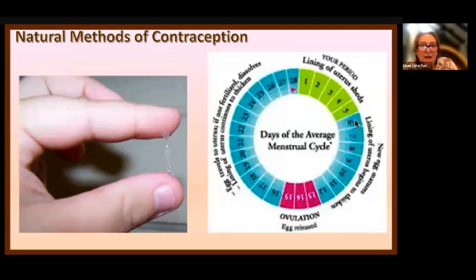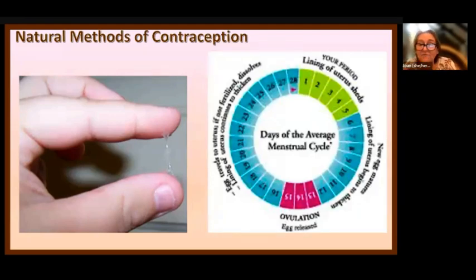So if you have your period, days 1 to 5, and then, if you're regular, days 6 to 12 are safe. But then days 13, 14, 15 is when you're ovulating, don't have unprotected sex. And then you go through the rest of your cycle. So it's just avoiding having sex during the days you're most likely to ovulate.